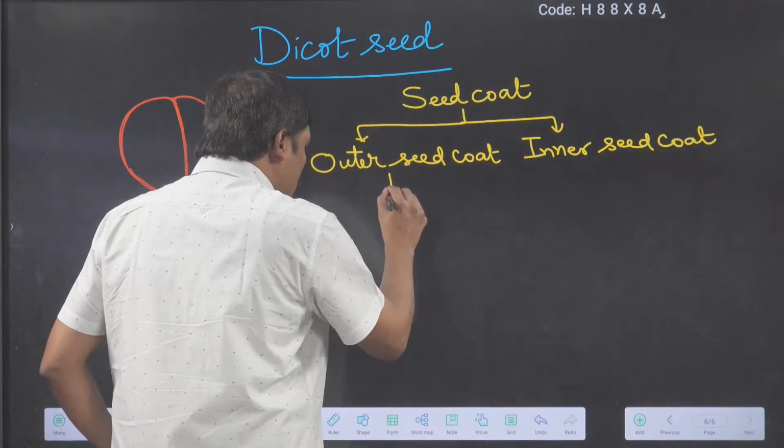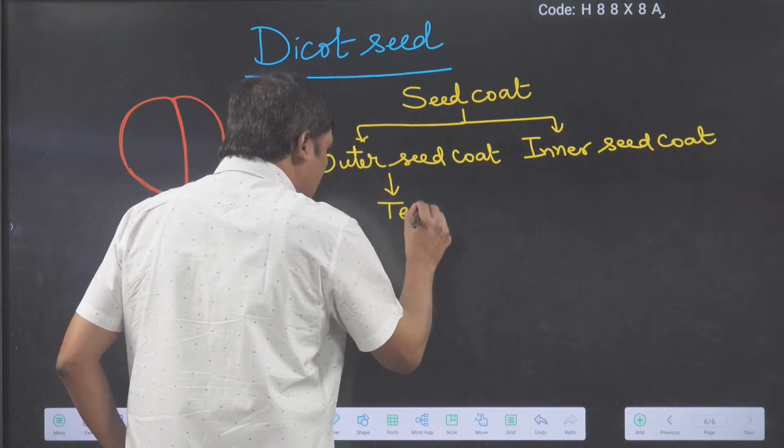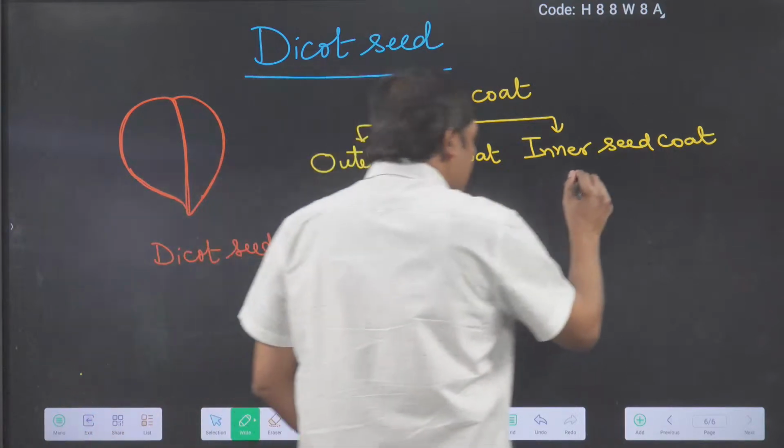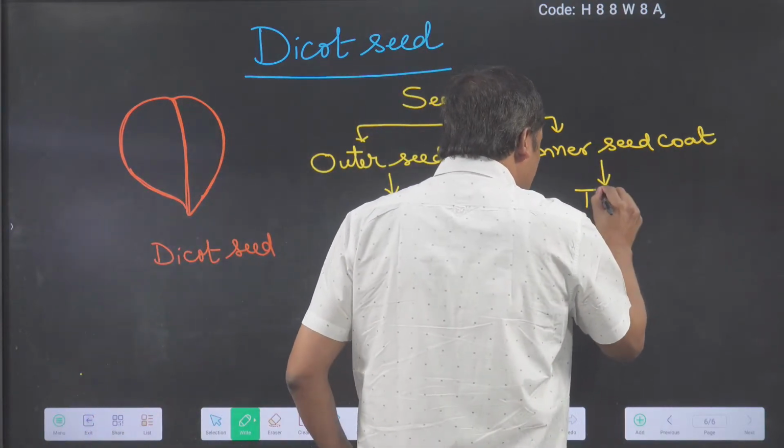Outer seed coat is called testa. Inner seed coat is called tegmen.